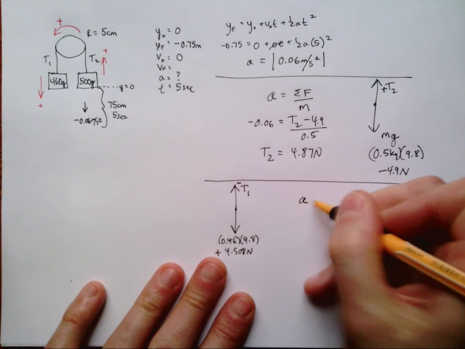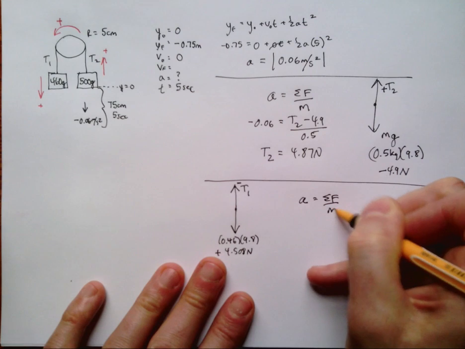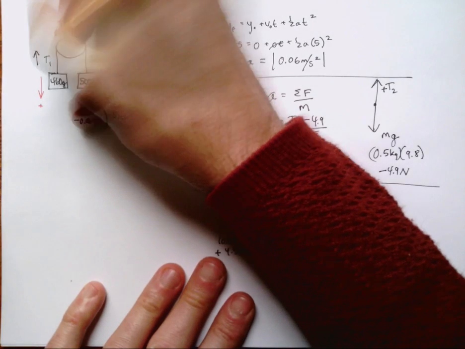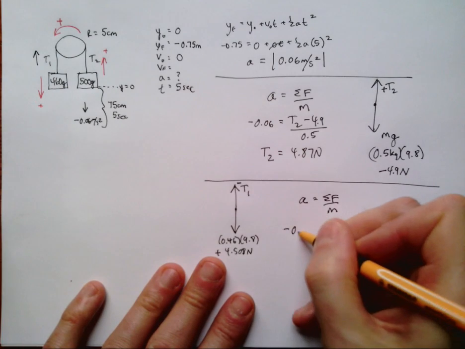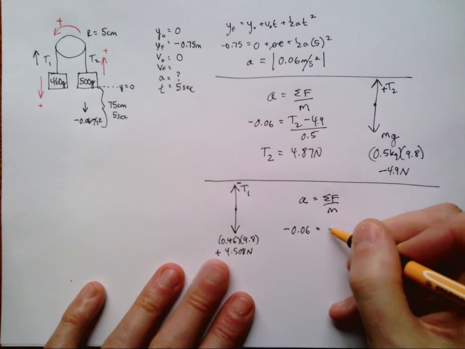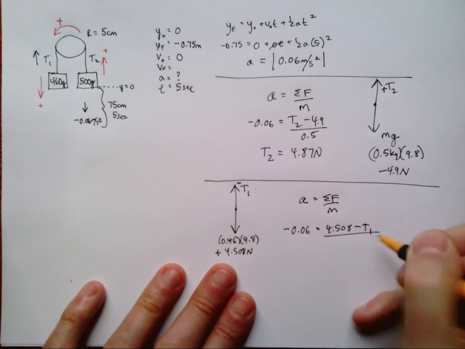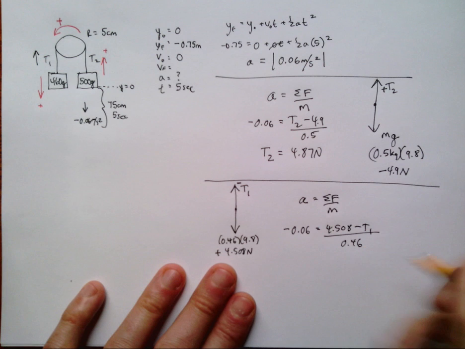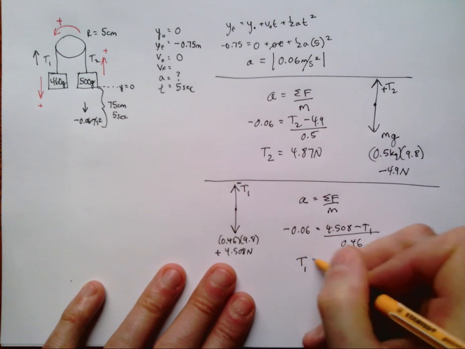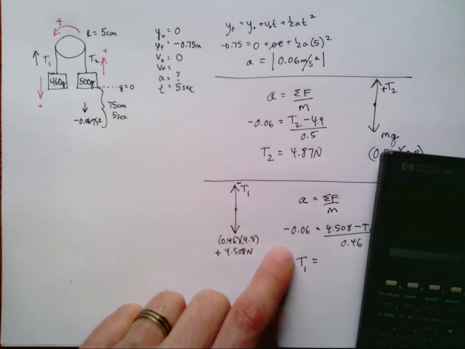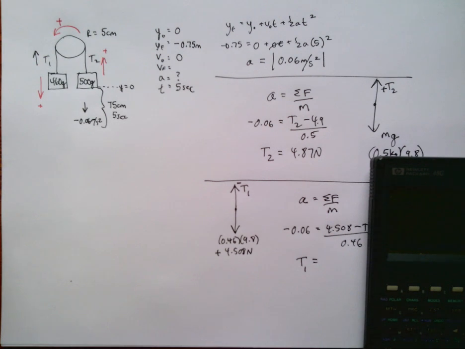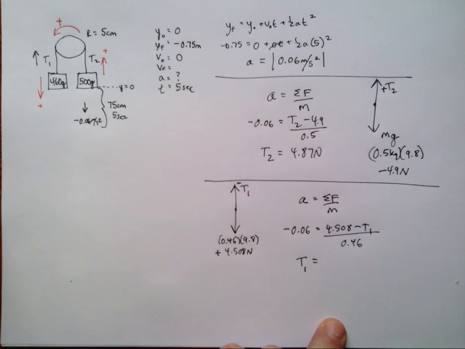So now we can input that to acceleration equals net force divided by mass. It is going to accelerate this way, which is our negative direction. So negative 0.06 equals positive 4.508 minus T1 divided by 0.46. And so let's solve for T1. Take some time here with my calculator to work that out.